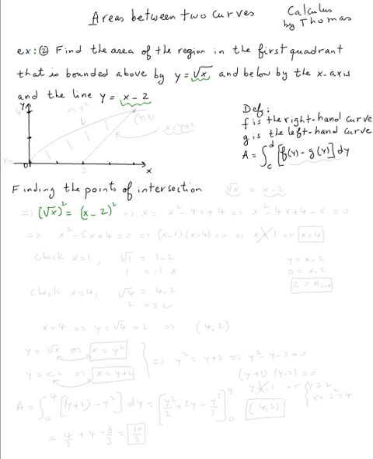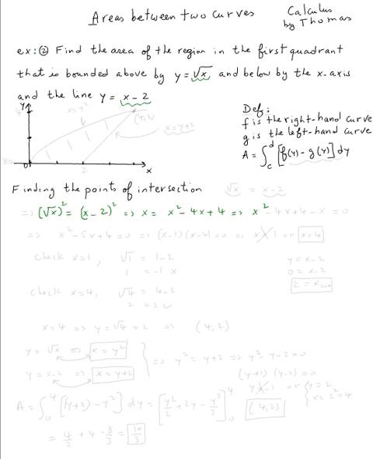Now we have x is equal to, we fold that, we get x squared minus 2 times x times 2, minus 4x plus 2 squared, which is 4. Now move everything to one side.